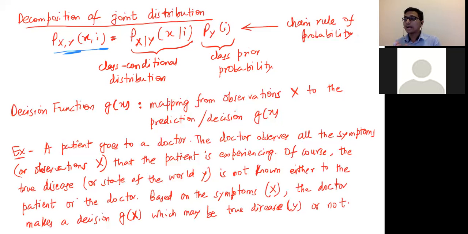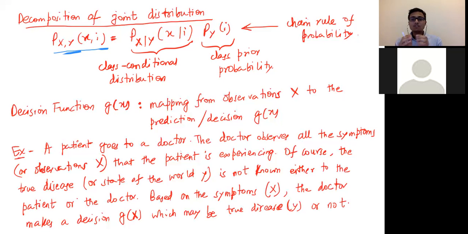Notice that the prior probability does not depend on the observation x. Here we have simply used the chain rule of probability to break down the joint probability distribution into conditional probability times the prior probability.